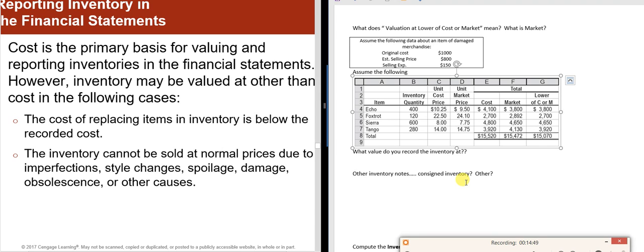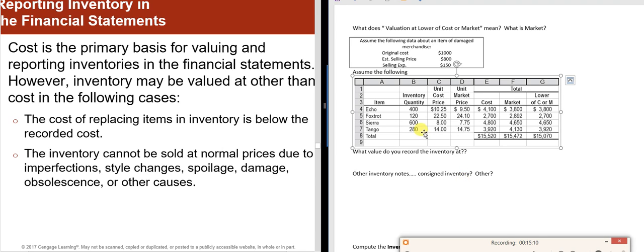If I have an item of inventory whose market is less than cost, the current or future benefit of that asset is not what I have it on my books for. In order to not commit fraud, when I say I have something worth more than it is, I have to mark it down.